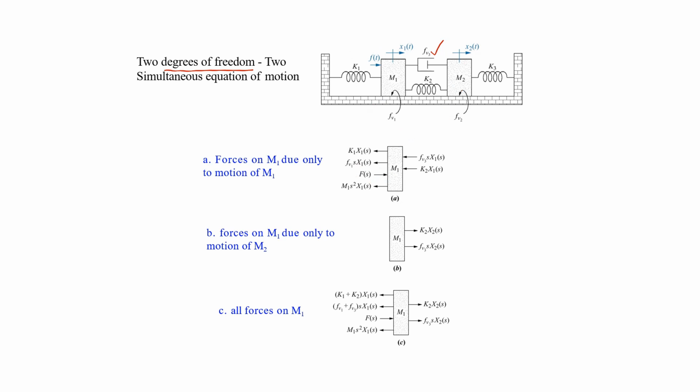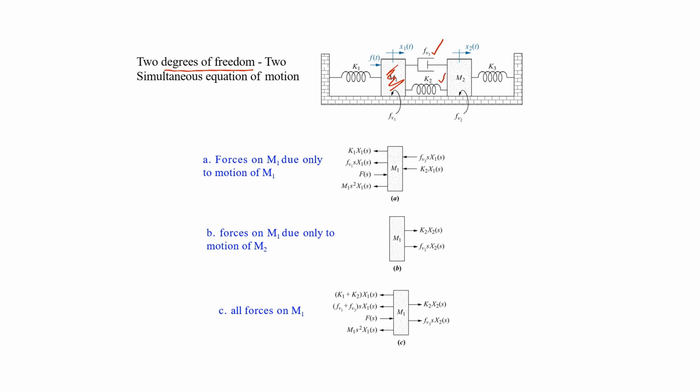So in the next step, we will hold the m1 and we will move the m2 and see the effect of m2 on the m1. We will only note down those forces which have the impact from m2 towards the m1. So if we move m2, we can see that the forces due to FV3 and K2 have an impact on m1.